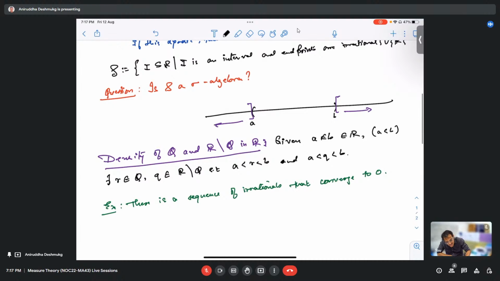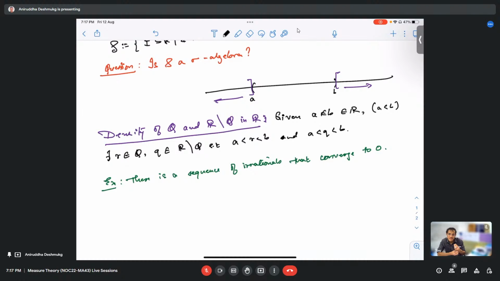Okay, so let us start. What I want is, for every natural number, to extract an irrational, and that irrational should slowly go towards zero. How will I do that? Zero is not equal to one, right? Do you agree? So there is an irrational number between 0 and 1.